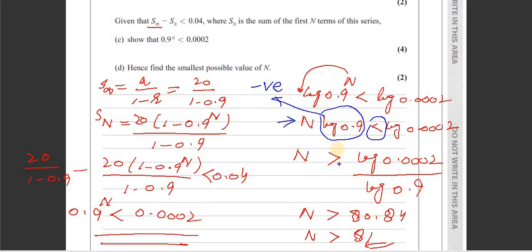So for example, you can see that if you have an inequality like minus 3 is less than, let's say, minus 1, which is true. What if I multiply this inequality by minus 2? Multiply the whole inequality by minus 2.